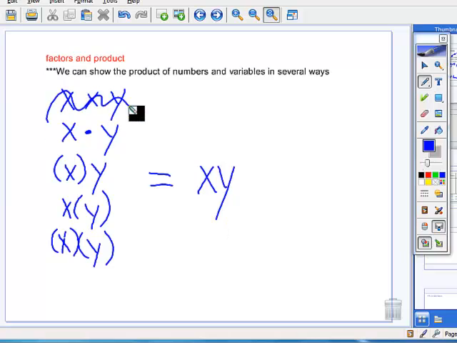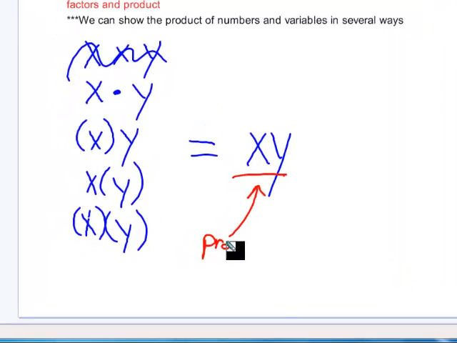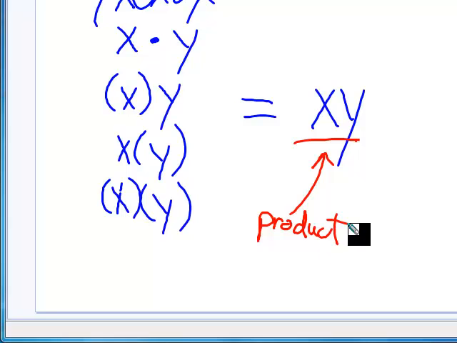Okay, but let's talk now a little bit about factors and product. This here is my product. These 2 values here and here are my factors. They're numbers multiplied together. Okay?